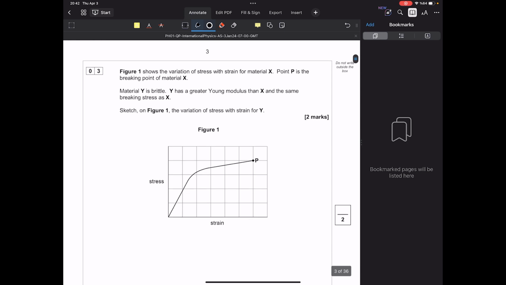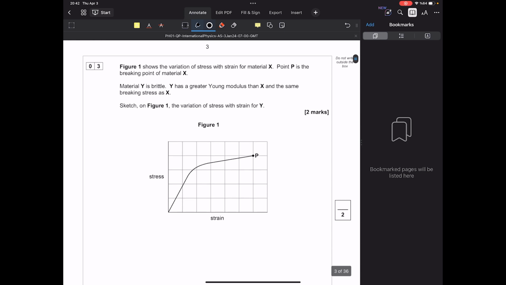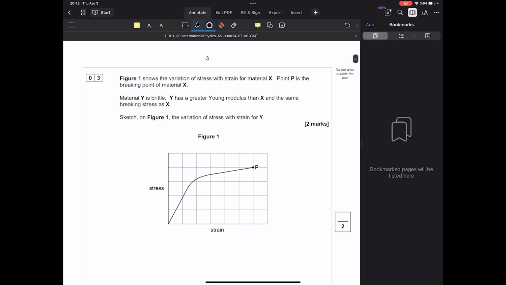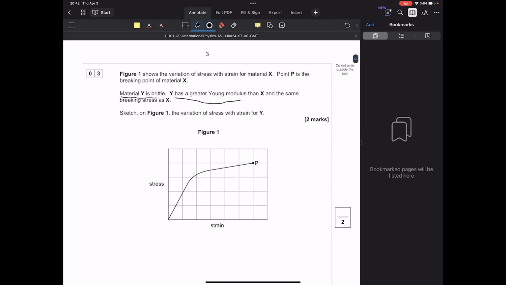Next, we are given a stress-strain graph for materials X and Y. This is the one for X. Now material Y is brittle. Material Y has a greater Young's modulus than X and has the same breaking stress as X. So we need to understand what all of these mean.